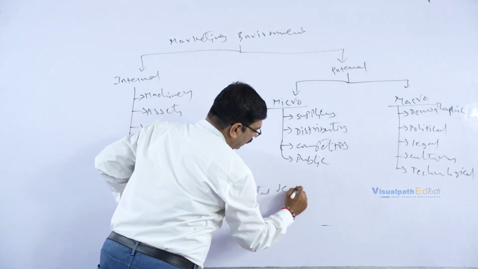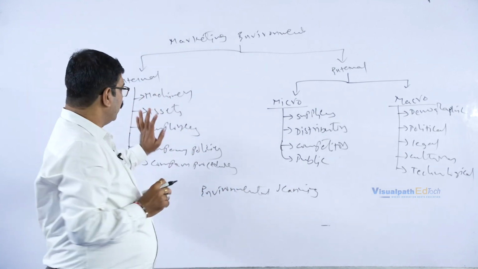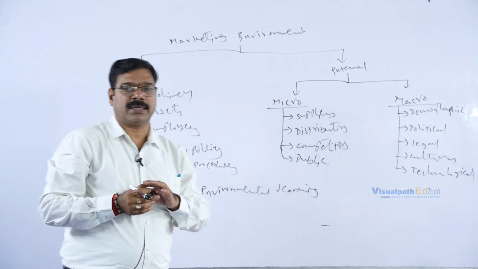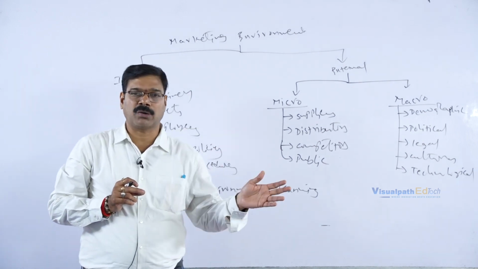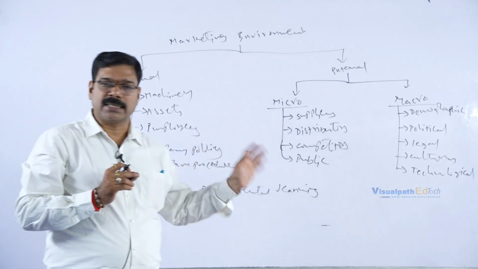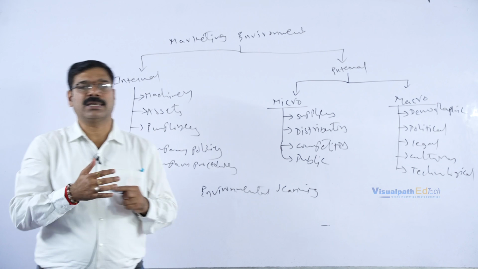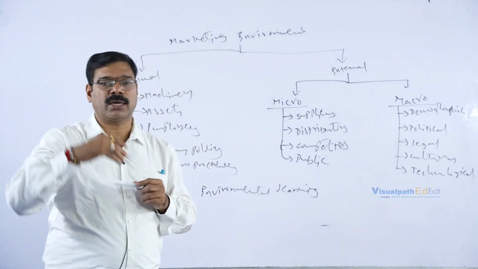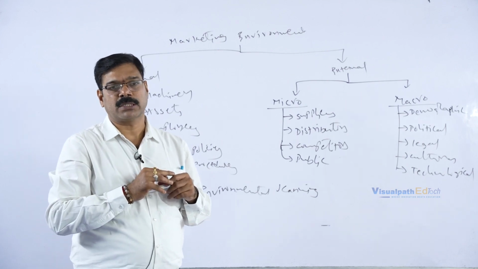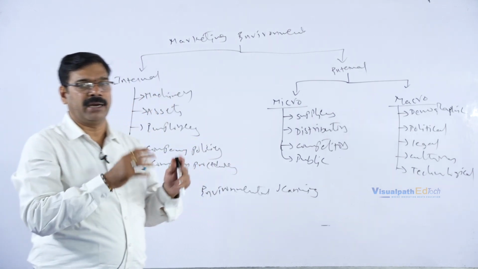When you are conducting environmental scanning, automatically you will be identifying your internal factors as well as external factors, and the factors which are controllable and uncontrollable. Accordingly, you can change the strategies according to the requirements of your organization, so that financial success is possible and your marketing strategies will work really well for the company.